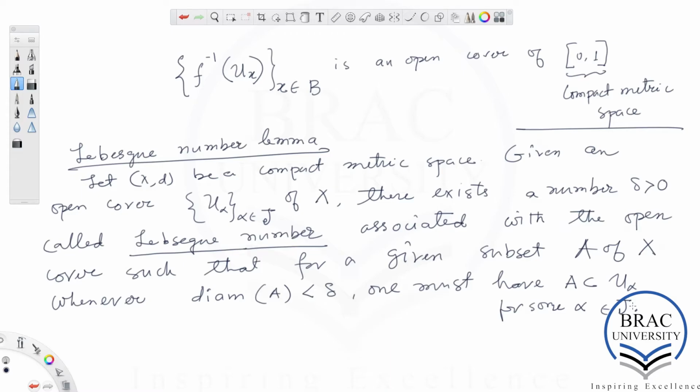Let me explain what it means. So first of all, we are given a compact metric space X comma d, and then we have an open cover U sub alpha, as alpha runs in the index set J. This collection is going to be an open cover of X. So once we have this open cover, we'll have a corresponding positive number delta.